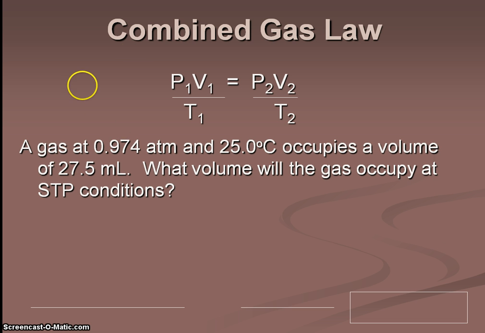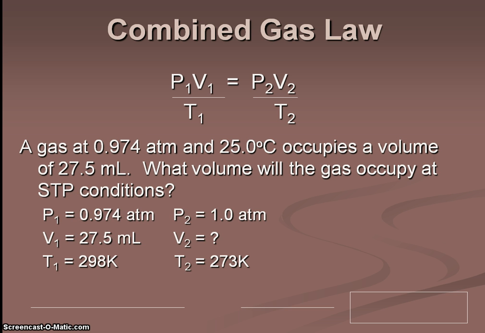Since our initial pressure is in atm, you want to choose the standard pressure that is also atm, and it should be 1. So these are our five things that we know. These last two, the 1 atm and the 273 K, are STP conditions. Then it's just a matter of plugging everything in and solving for your variable.